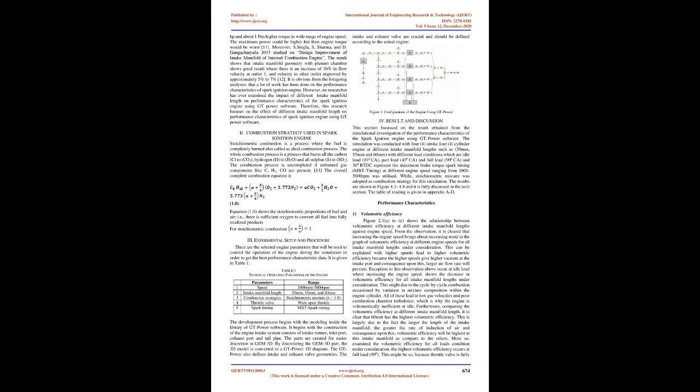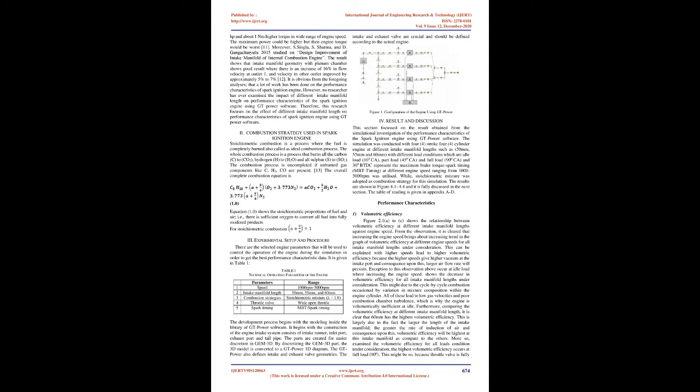Next, M. Gandik, M. Takacic, Lek J. Sidnik, Trifonus Untona, 2015, conducted a combustion engine intake port design analysis. The result shows that the final improvement gives higher power, up to 1.5 HP and about 1 Nm higher torque in a wide range of engine speed. The maximum power could be higher but then engine torque would be worse.